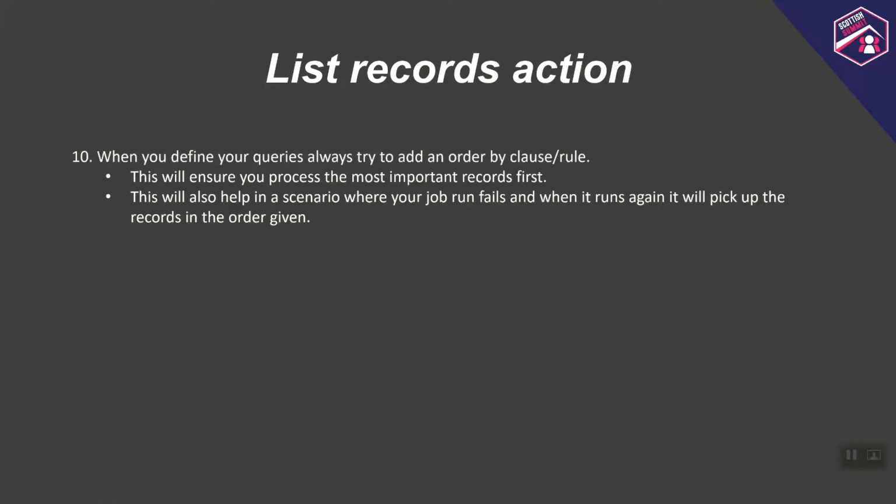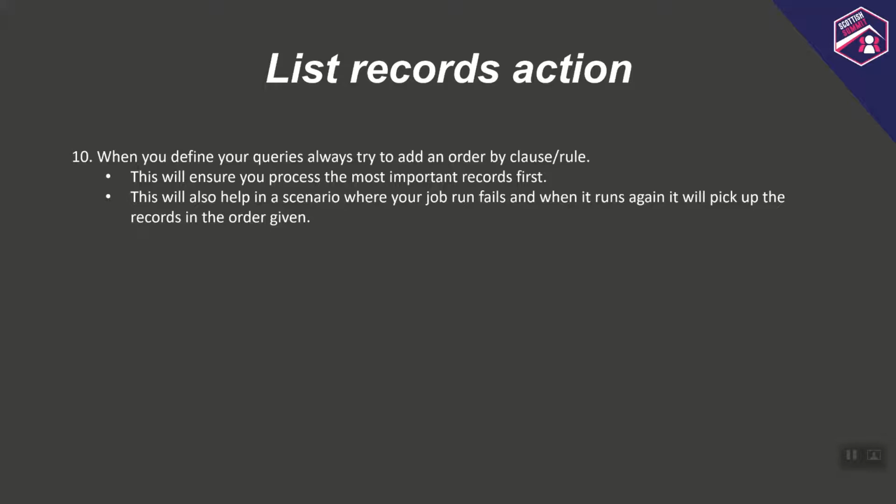One of the most important best practices or guidelines that I use is to use an order by clause in all the list records actions that I use. The main reason is this ensures that we process the most important records first.